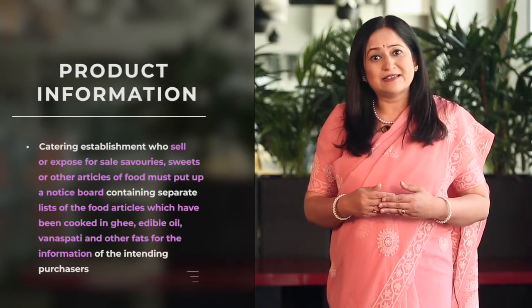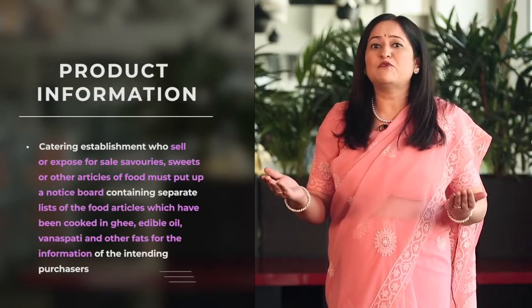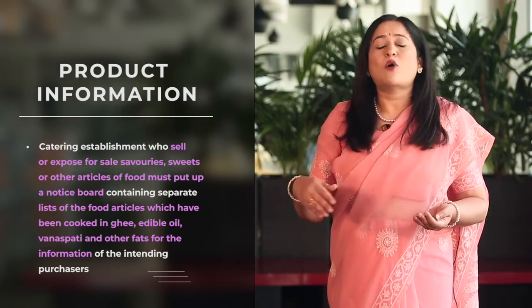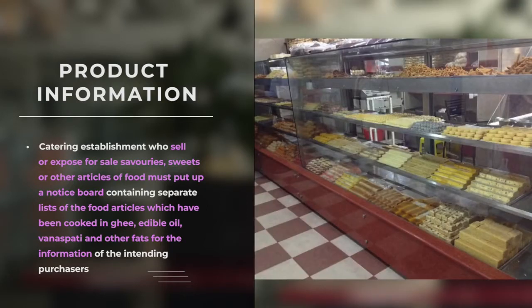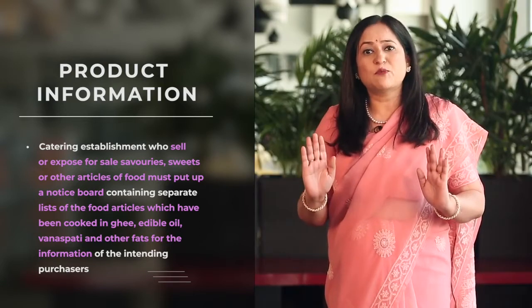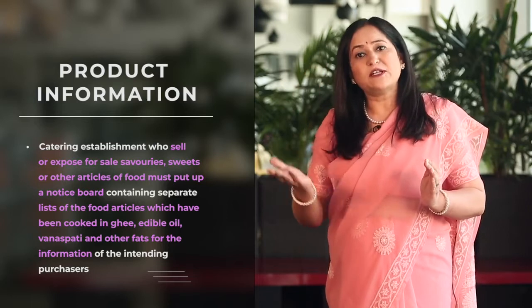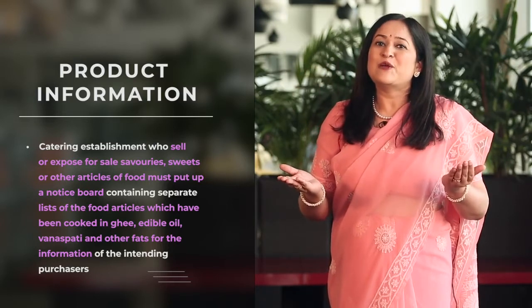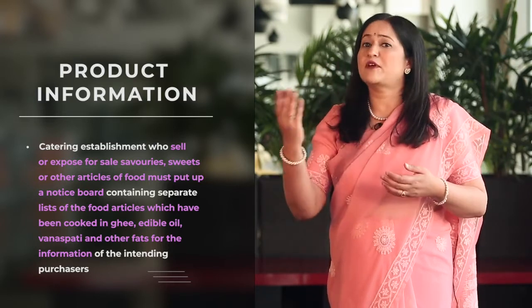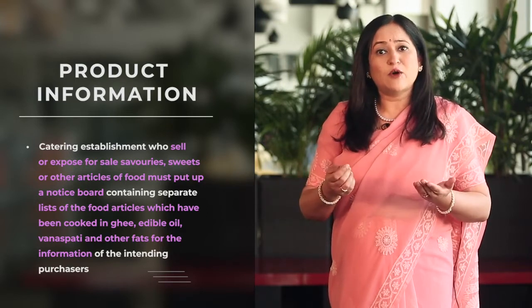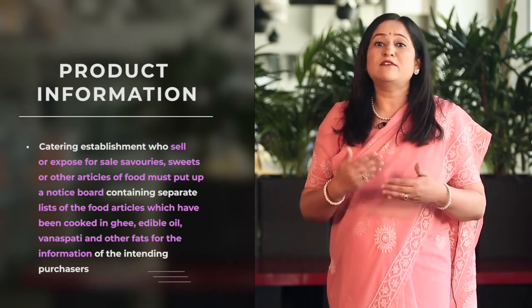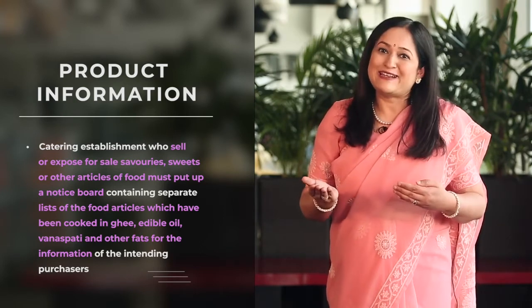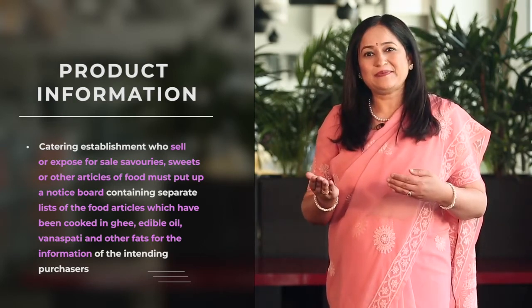Proprietors of hotels, restaurants and other food stalls who sell or expose for sale savouries, sweets or other articles of food must put up a notice board containing separate lists of the articles which have been cooked in, for instance, ghee, edible oil, vanaspati and other fats for the information of the intending purchasers.